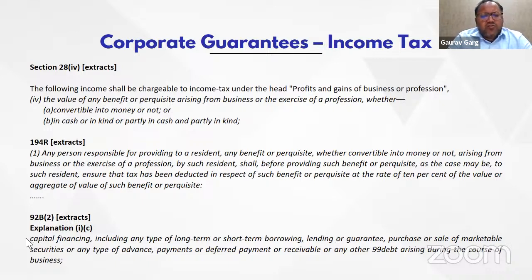As far as transfer pricing provisions are concerned, in many cases the tribunals have felt that there should be a fair charge, an arm's length charge for the corporate guarantee, when an Indian company is giving a corporate guarantee to a foreign company, based on either the interest saving approach or the judgments.